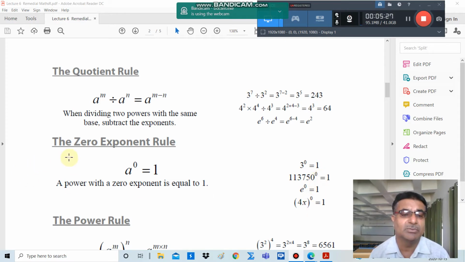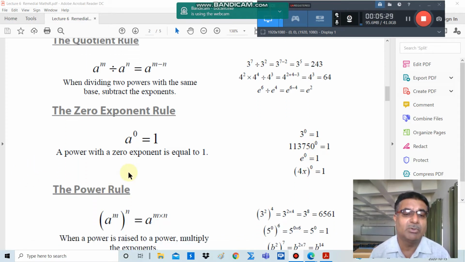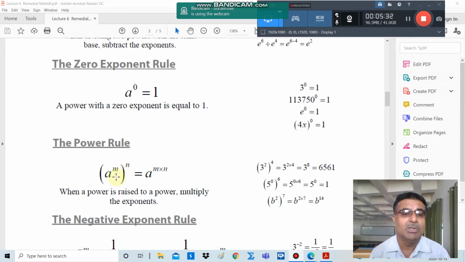Now the power rule. a to the power m raised to the power n will be equal to a to the power m multiplied by n, that is, the powers are multiplied. These are some examples. 3 to the power 2 raised to the power 4 will be equal to 3 to the power 2 into 4, that is 3 to the power 8.